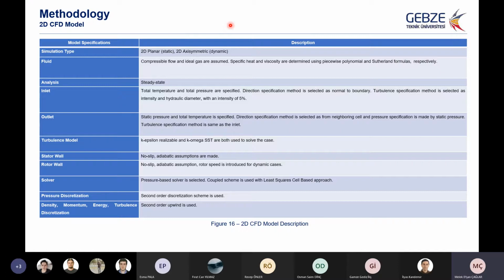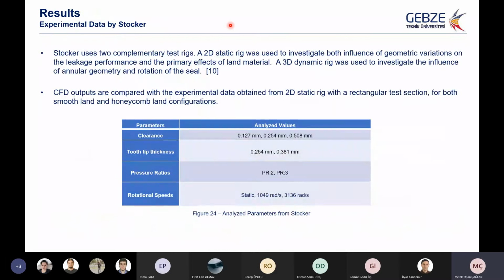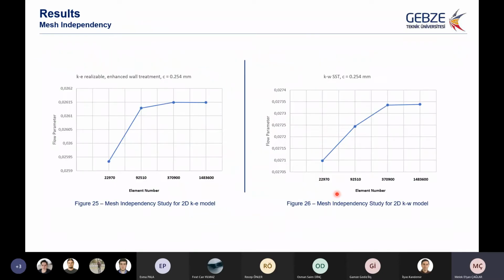Those are my CFD model descriptions, but I probably won't have time to describe them. For results, I used the experimental data presented by Stocker and analyzed the parameters that you see in this table: 3 clearance levels, 2 tip thickness levels, 2 pressure ratios, and 3 rotational speeds.